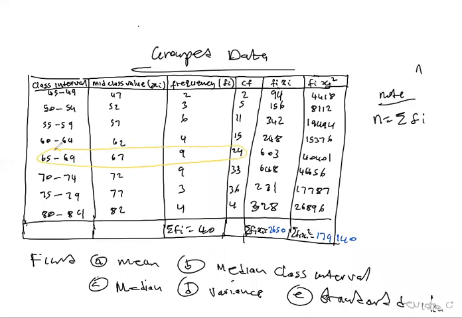So we want to find the class where the median lies. Now, we've got 20 numbers. Remember from the ungrouped data, we're able to count to get a median.